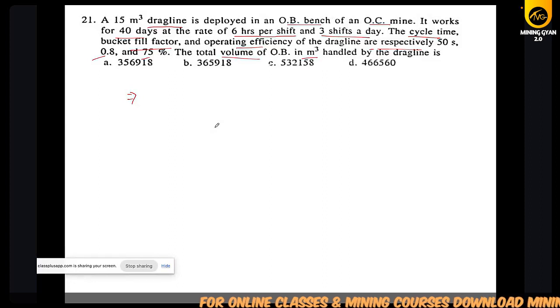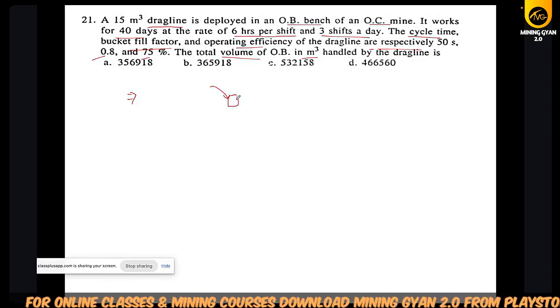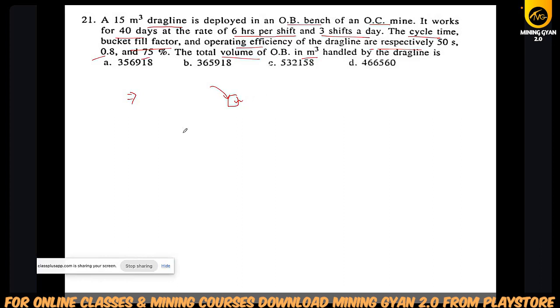Here the bucket comes first. If you have a drag line, first you throw the bucket and the bucket fills up. So the bucket capacity will be 15 meter cube.